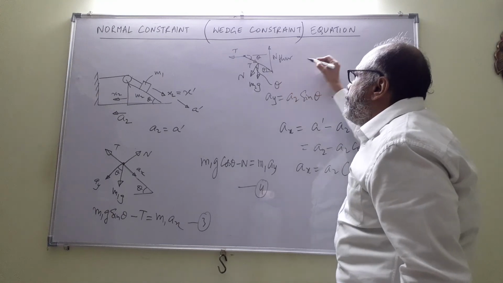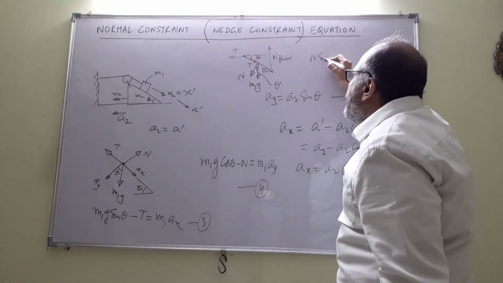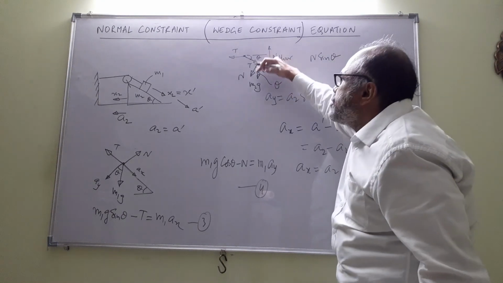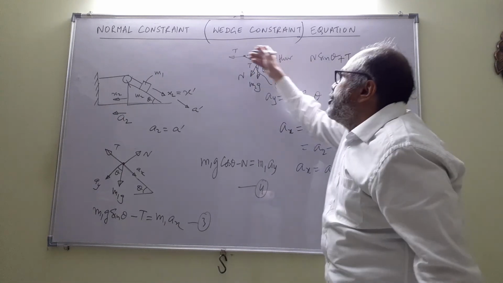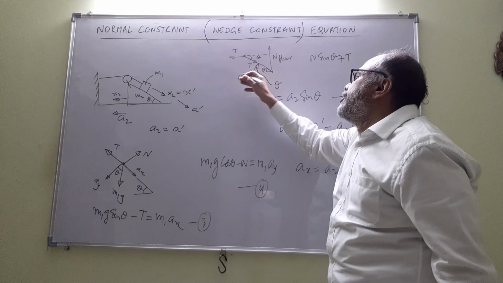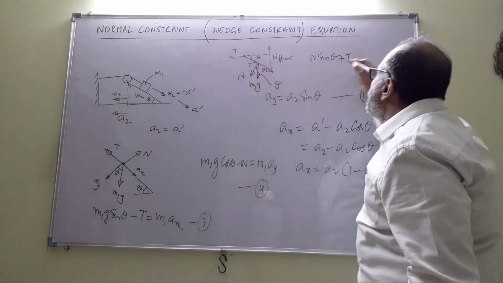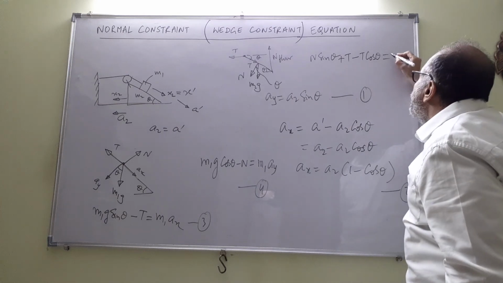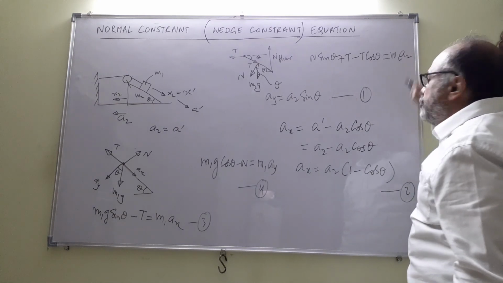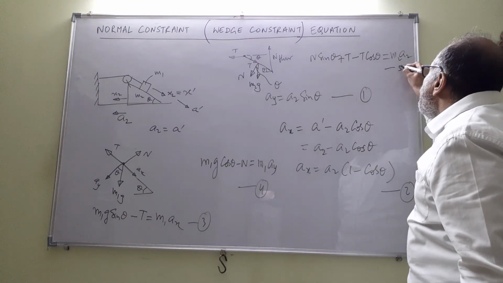So you will have N sine theta as the horizontal force, plus T is also in the same direction as N sine theta. N sine theta minus T cos theta would be equal to m2 into a2. That would be the fifth equation.